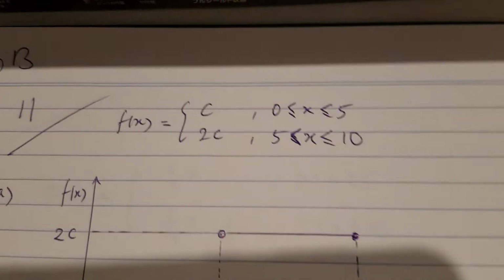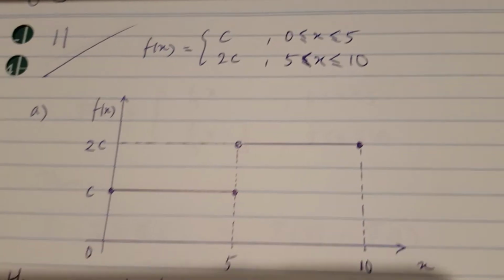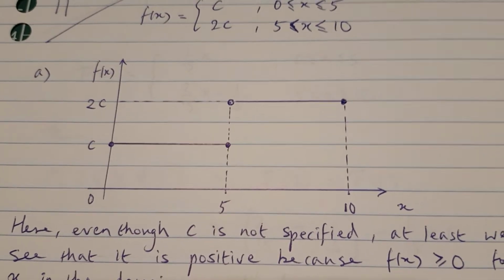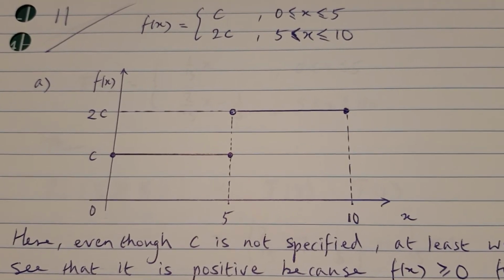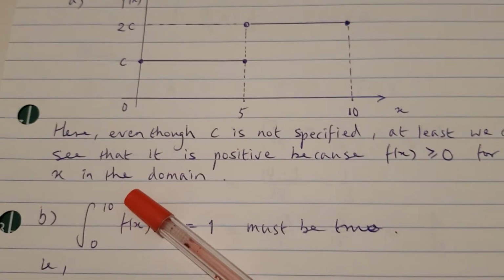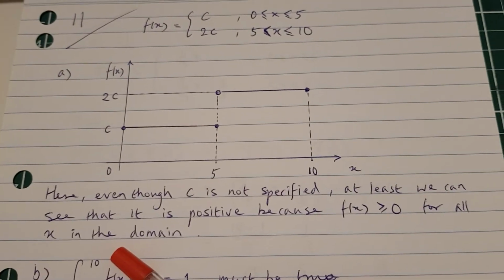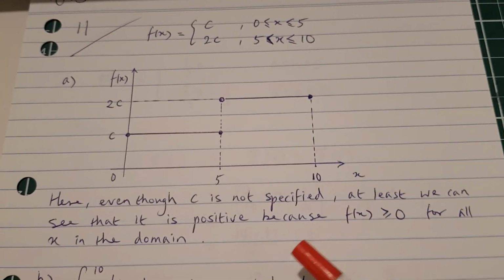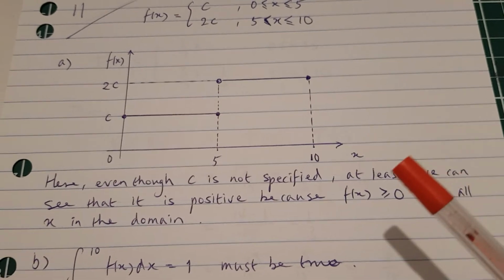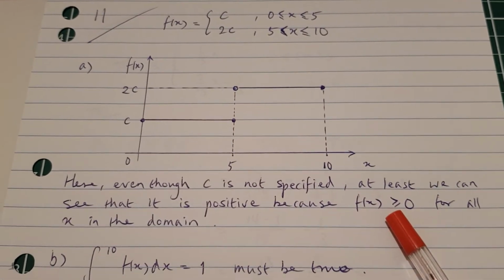Okay, so question 11. All right, rewriting this and sketching this. So like I mentioned there, even though C is not specified, at least we can see that it's positive because of that condition.